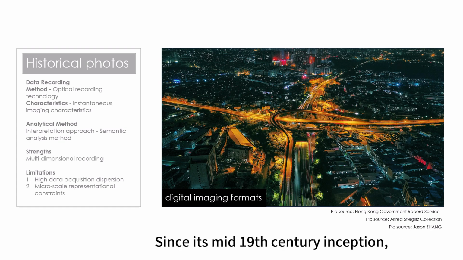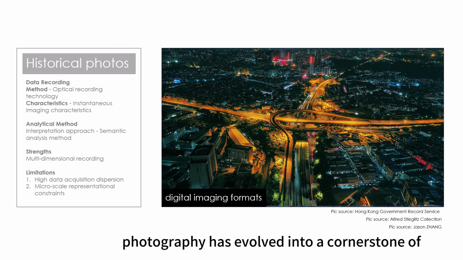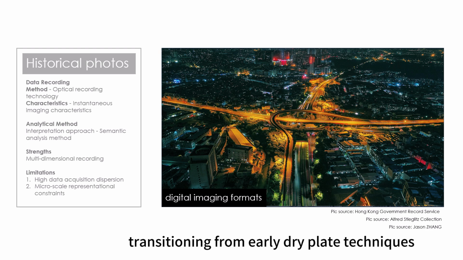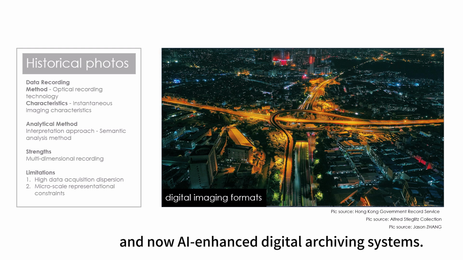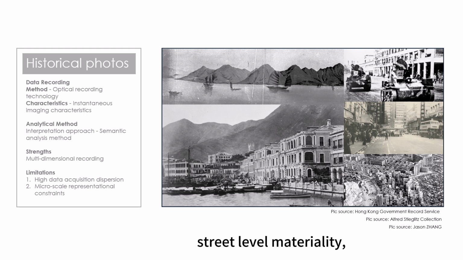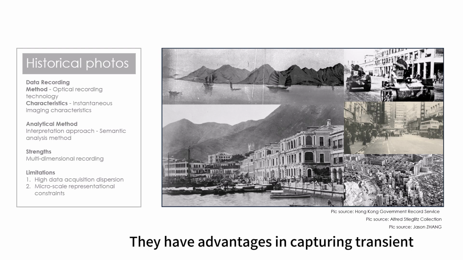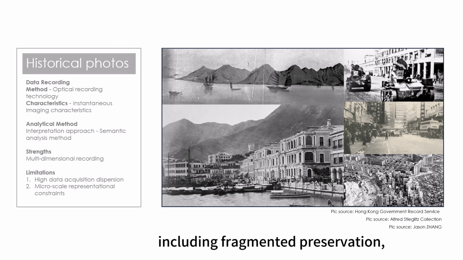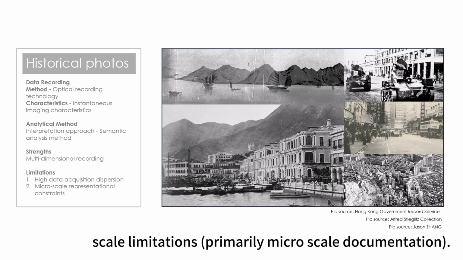Since its mid-19th century inception, photography has evolved into a cornerstone of urban spatial documentation, transitioning from early dry plate techniques to panoramic stitching, and now AI-enhanced digital archiving systems. The photos enable analysis of architectural details, street-level materiality, and informal spatial practices.